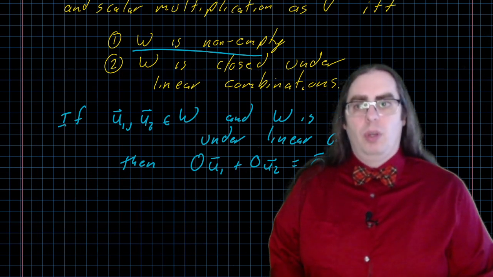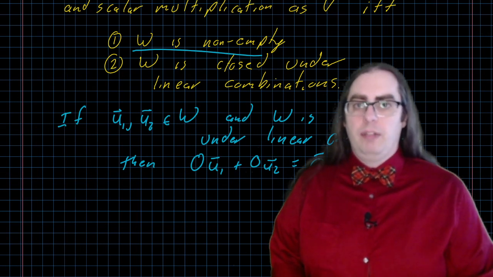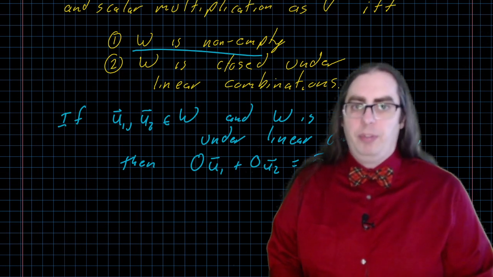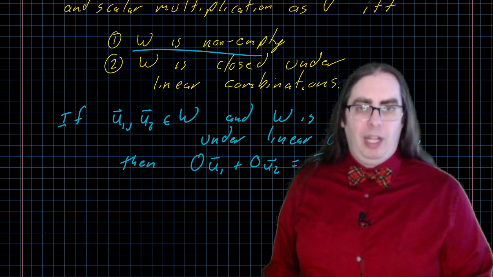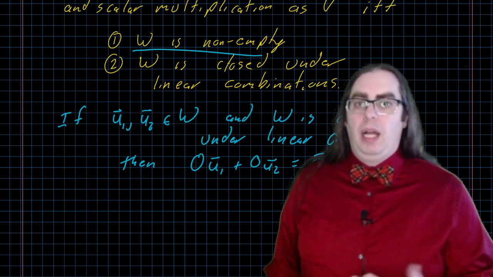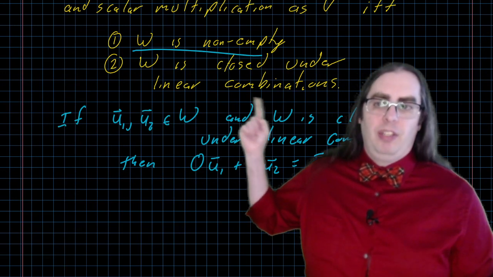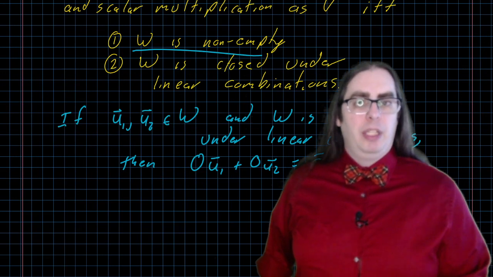Inverses, well, we're closed under linear combinations. So -1 times V we showed in the vector space is the opposite of V, and by closure it must be in W as well. Closed under scalar multiplication. Again, scalar multiplication is a special case of linear combinations. It's a linear combination of one vector.